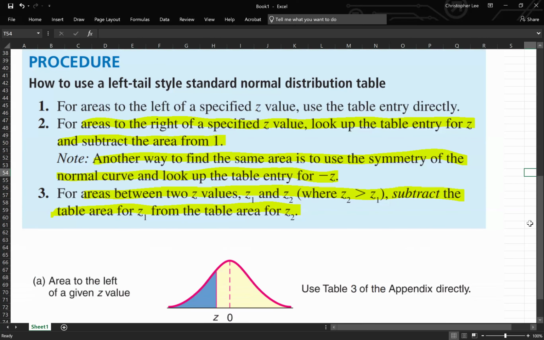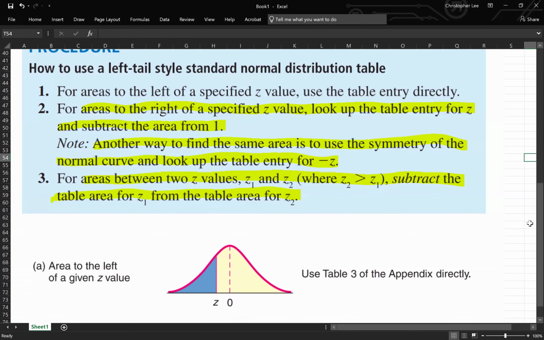Okay, so let's talk a little procedure, right? So how to use a left tail style standard normal distribution table. For areas to the left of a specified z value, we're going to use the entry directly, right? For areas to the right is the key part, right? Of a specified z value, you look up the table entry for z and you subtract the area from 1, right?